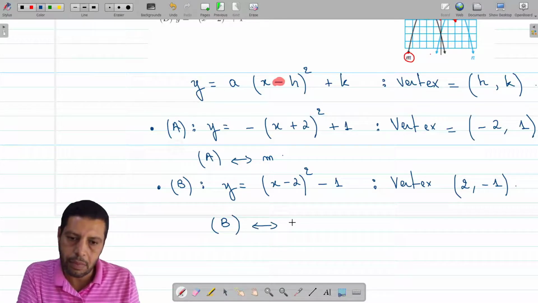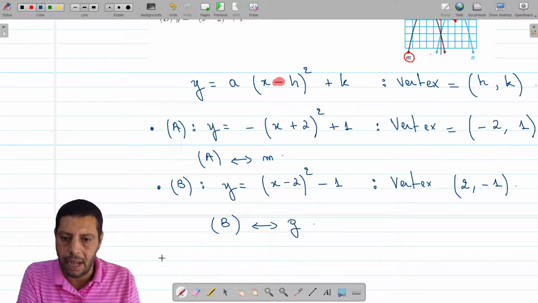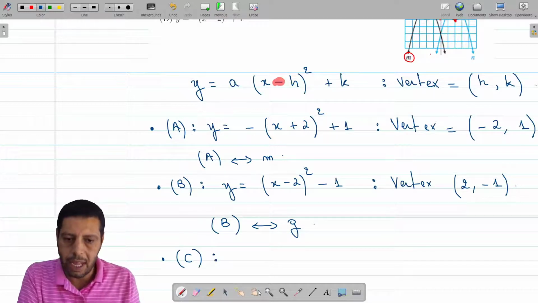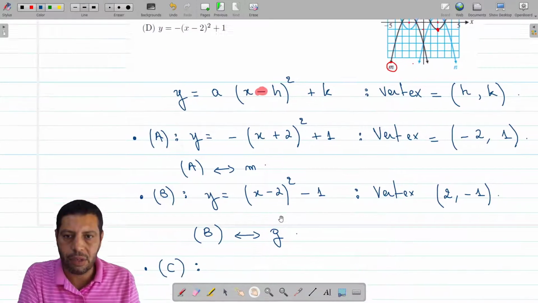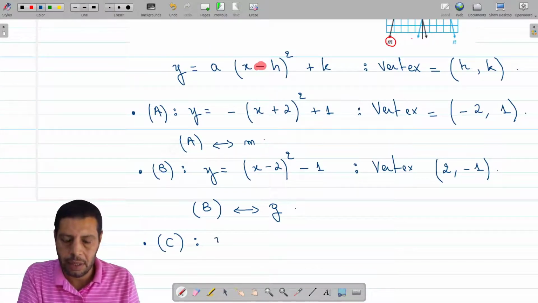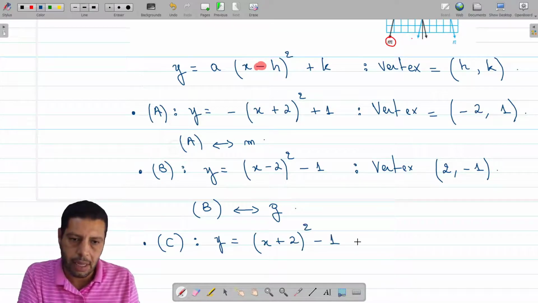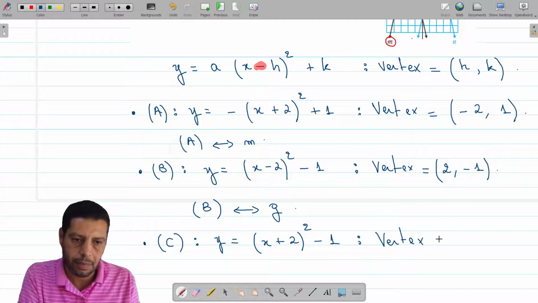Now for the third one, C, we have the equation y equals (x plus 2) squared minus 1. And the vertex here again is the point (negative 2, negative 1).